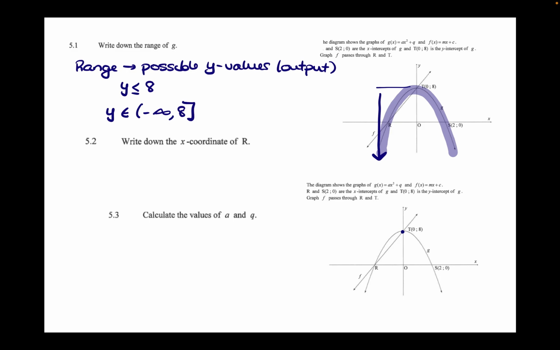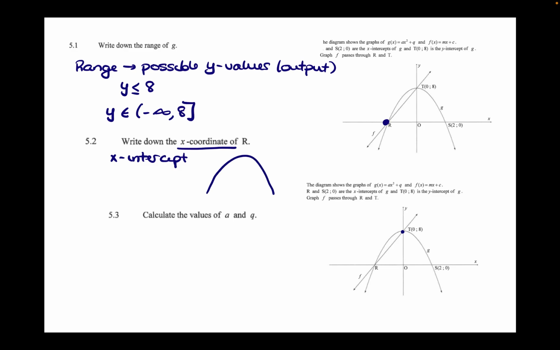5.2, write down the x coordinate of r. Well, first I would locate r on my graph. That is an x-intercept, which means, of course, the y-coordinate will be 0. And I notice in this parabola that is symmetric over the y-axis.